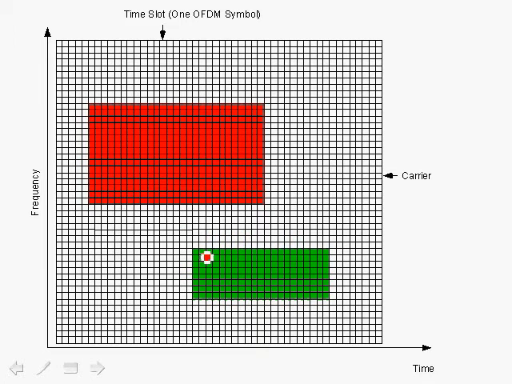For another subscriber that knows, for example, in advance that its region is this green region here, it will know, for example, what its time slot offset is, how many time slots are allocated to it, and its carrier offset, and how many carriers are allocated to it. So it will know its data region. And as it performs a forward FFT, it would get its carriers, decode them back to data for this duration, and receive its burst of data.